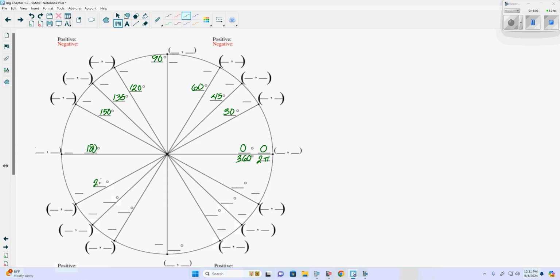Then we have 210, 225, 240, not 245, and then 270, 300, 315, and 330. 240, sorry. No, it is 240. I just was writing the wrong number.